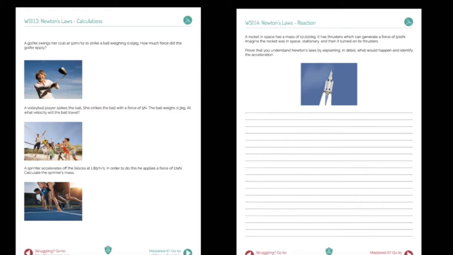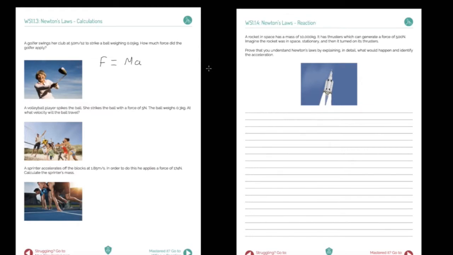We've got a situation here: a golfer swings her club at 50 meters per second squared to strike a ball weighing 0.05 kilograms. How much force did the golfer apply? Okay, so what we've got here is that we can calculate force. We know that force equals mass times acceleration. Force equals ma.